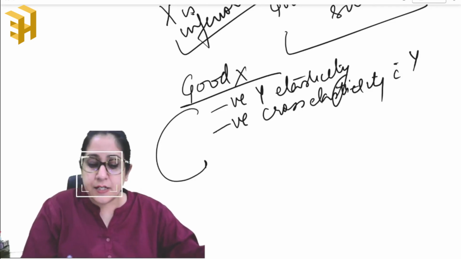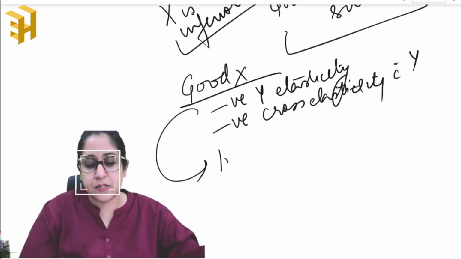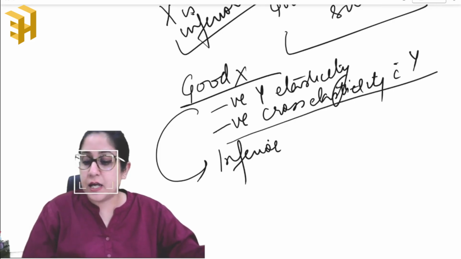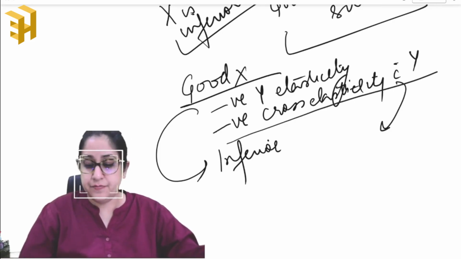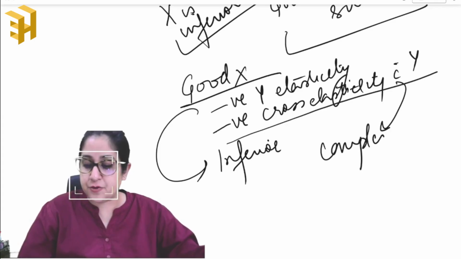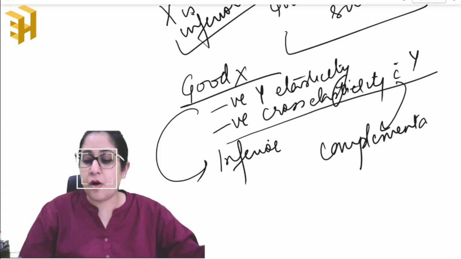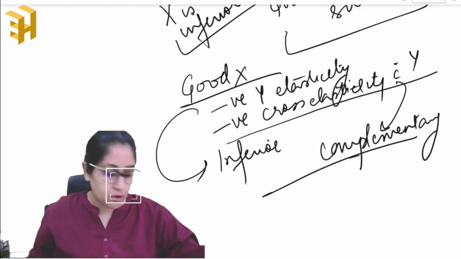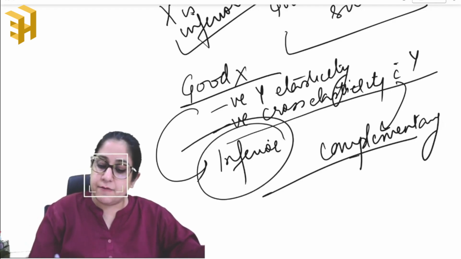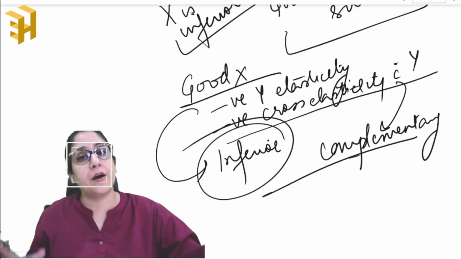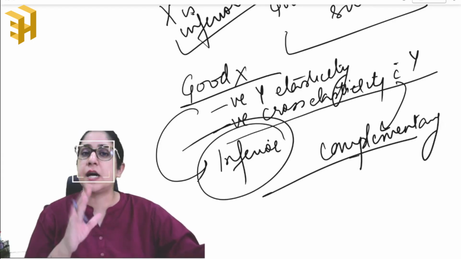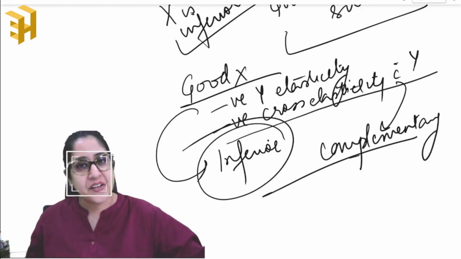Okay, so negative income elasticity means good is an inferior good, and negative cross elasticity means the good is a complementary good. Good X and Y are complementary. So that is your answer, that X is an inferior good and X and Y are complementary goods, that is they are consumed together, right?